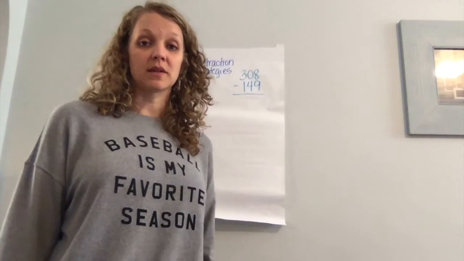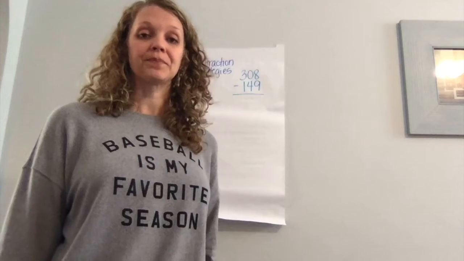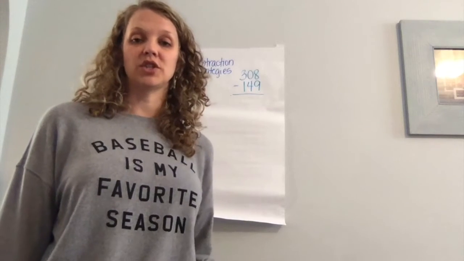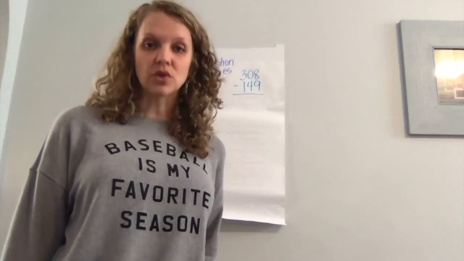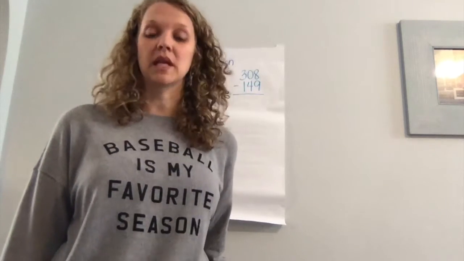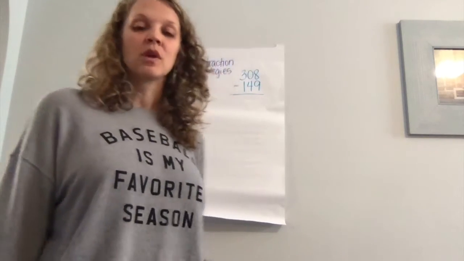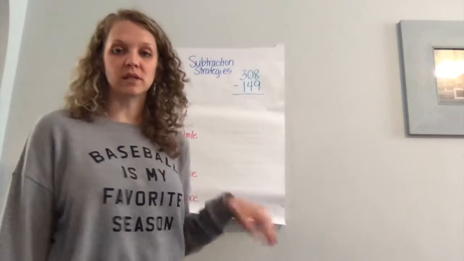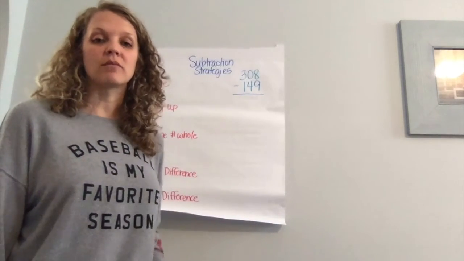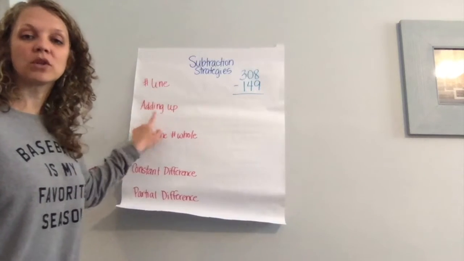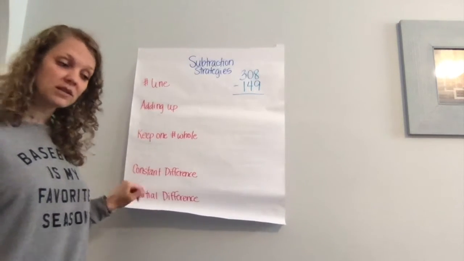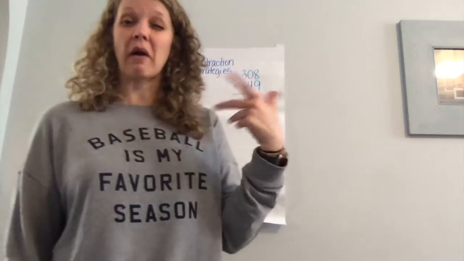This is just a heads up to tell you that with three-digit subtraction, I would expect second graders to use a picture the whole time, meaning usually a number line. Most of the strategies that we're going to do lend themselves to a number line beautifully. So I'm going to show you the number line first, and then I'm going to show you these other strategies and talk about how that looks on the number line.